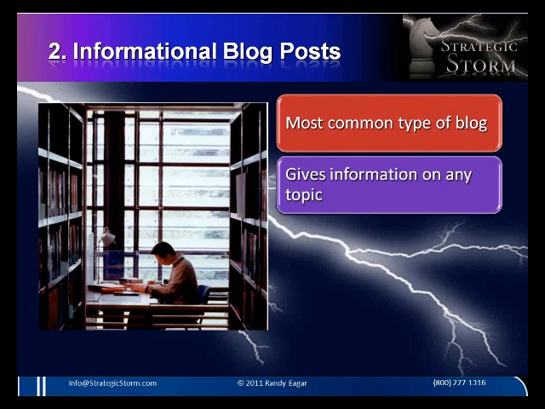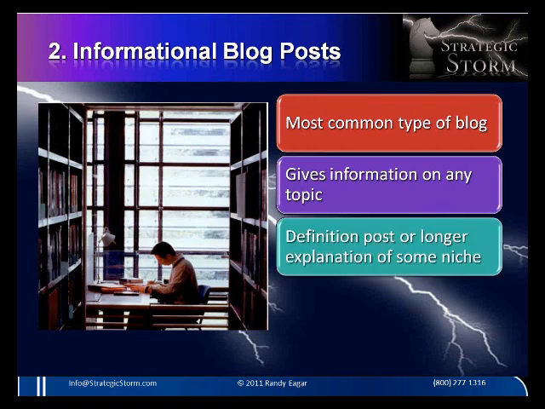You can give information on any topic of your choice. The better the information that you give here, the more of an expert you appear. This is the nice thing about the informational blog post, and it sets you up as the expert.